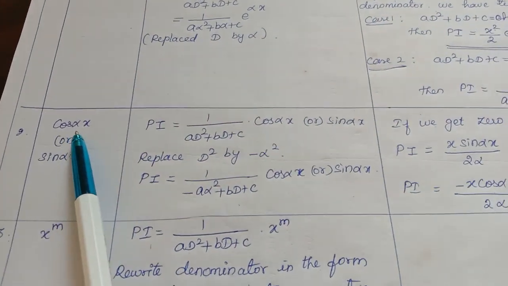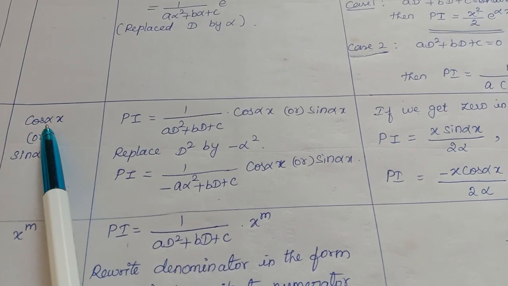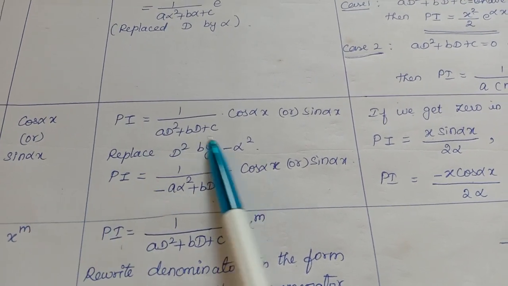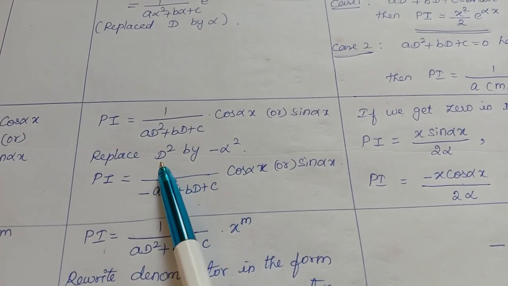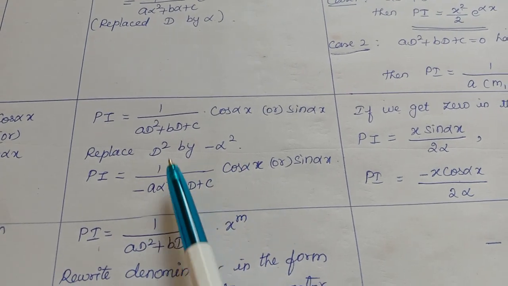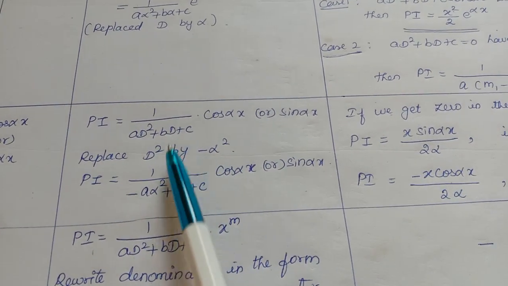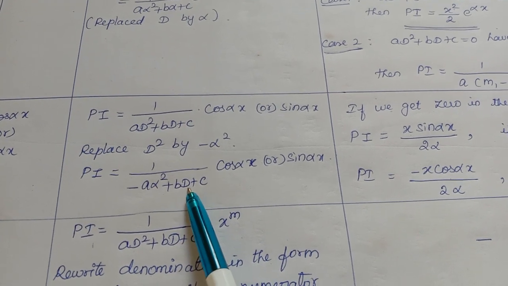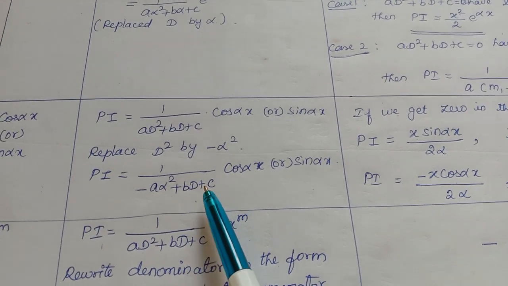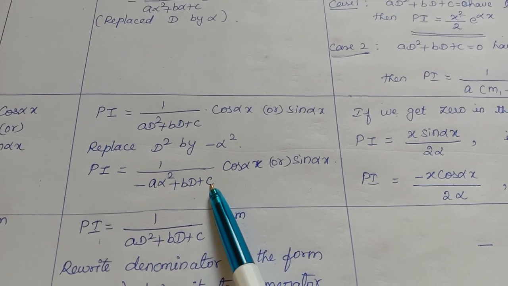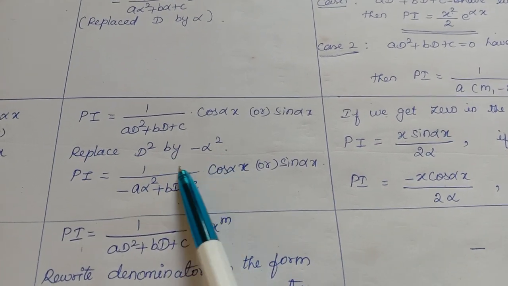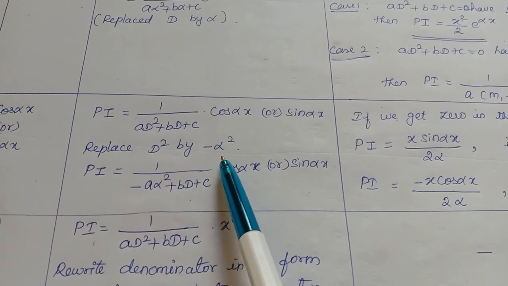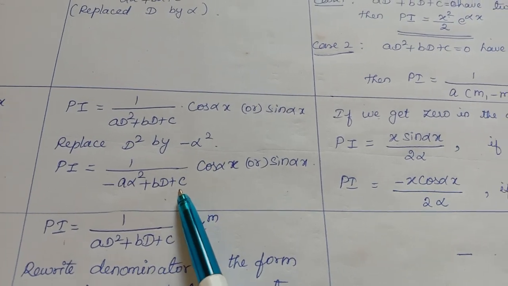The second case is right hand side is of the form either cos alpha x or sin alpha x. In that case, the replacement is D square equal to minus alpha square. So minus alpha square plus bD plus c. You should not do anything for this D. That has to be simplified in the next step. That we'll do while doing the problems. Even for substituting D square equal to minus alpha square, we may get 0 in the denominator.